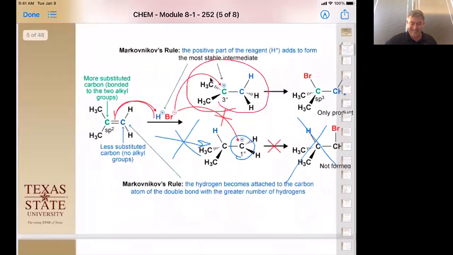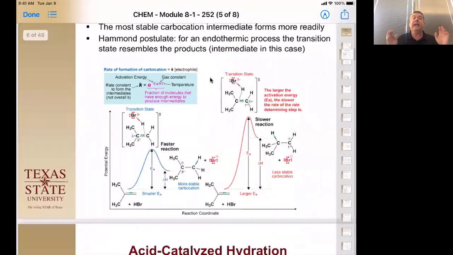Okay, so it has everything to do with the energy of the transition state. As you're starting to form that transition state, the energy to make the transition state of the less stable carbocation is higher, takes more energy, and therefore it's a slower reaction.